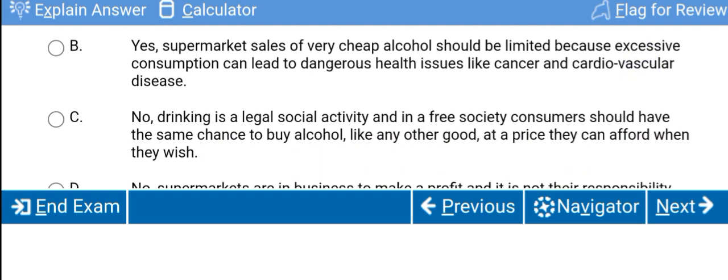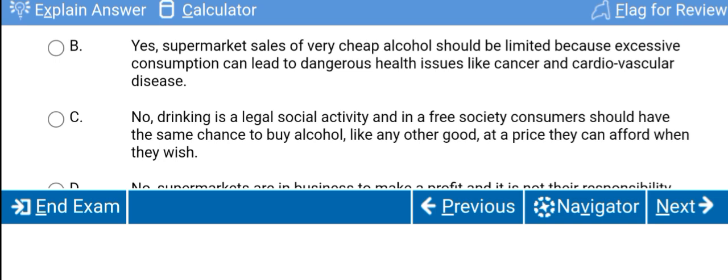Option B, yes. Supermarket sales of very cheap alcohol should be limited because excessive consumption can lead to dangerous health issues like cancer and cardiovascular disease.